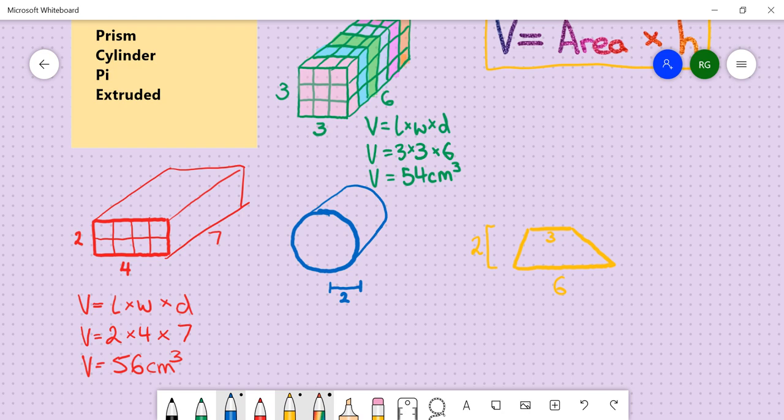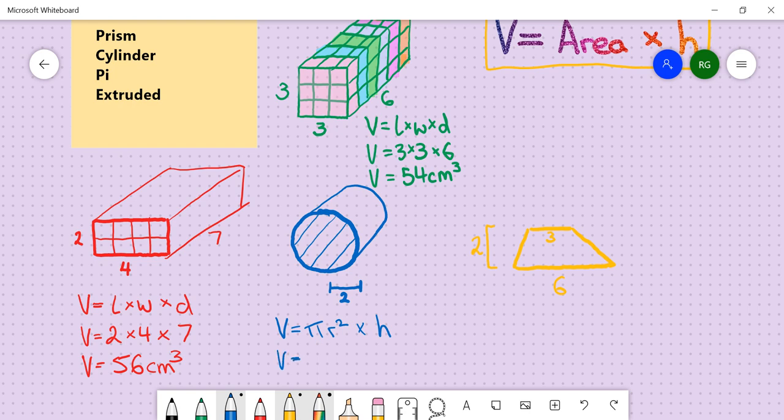So, as you might remember from a previous lesson, the area of the circle can be determined as pi r squared, or pi times r squared. That will give us this value, the area of the front of the circle. Volume equals pi r squared multiplied by the height.